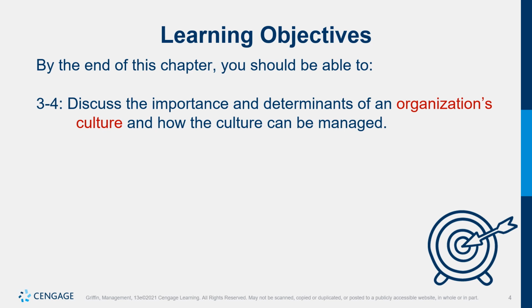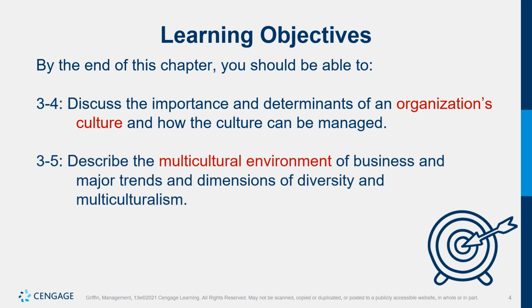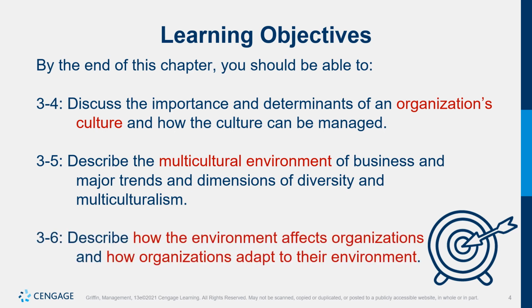Discuss the importance and determinants of an organization's culture and how the culture can be managed. Describe the multicultural environment of business and major trends and dimensions of diversity and multiculturalism. Describe how the environment affects organizations and how organizations adapt to their environment.